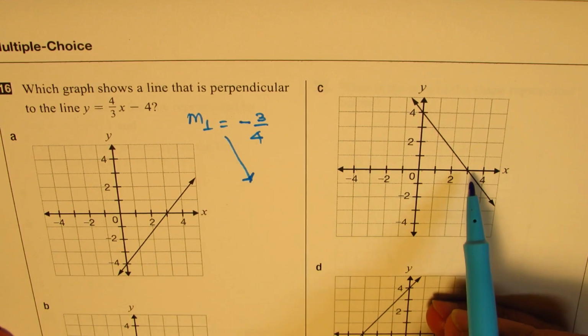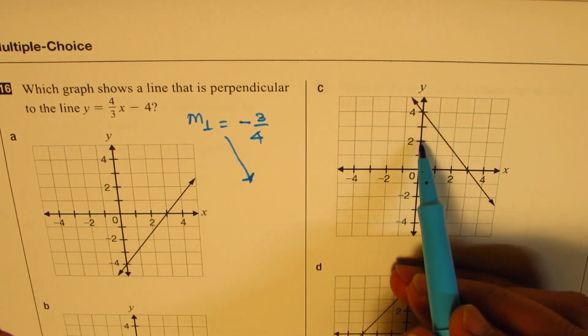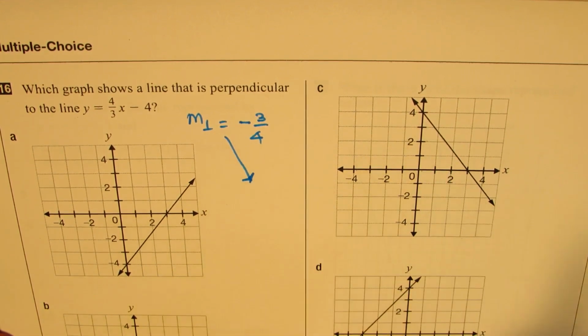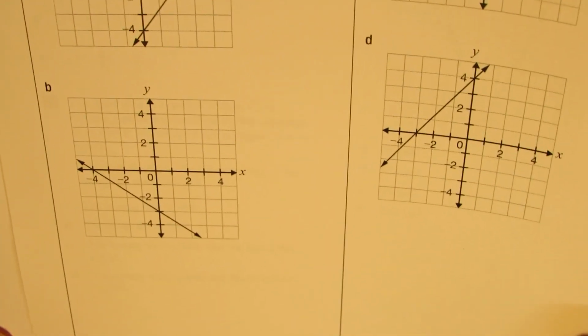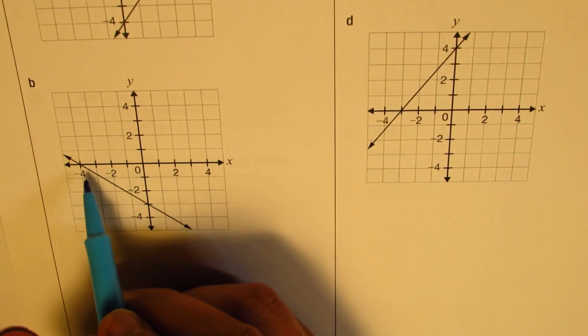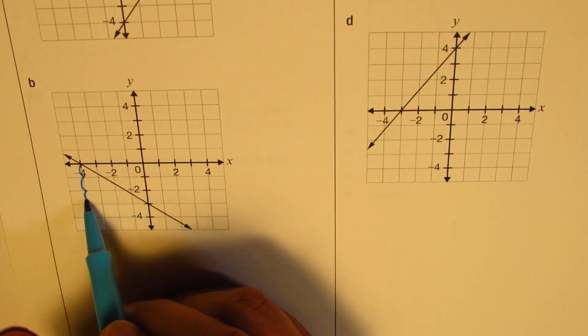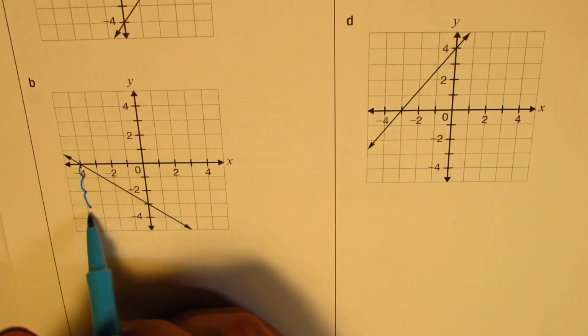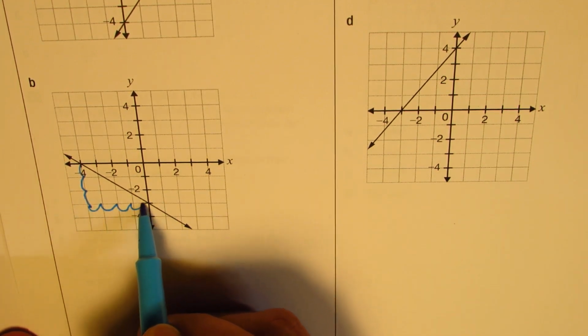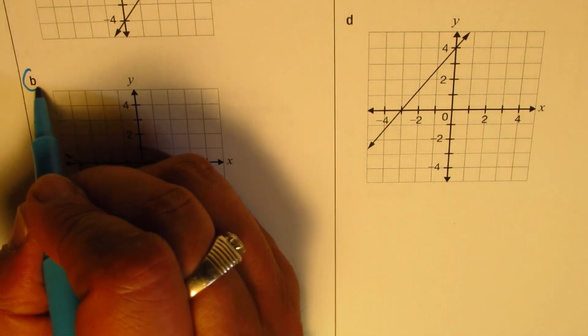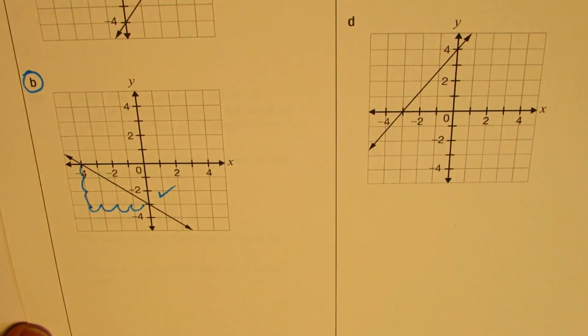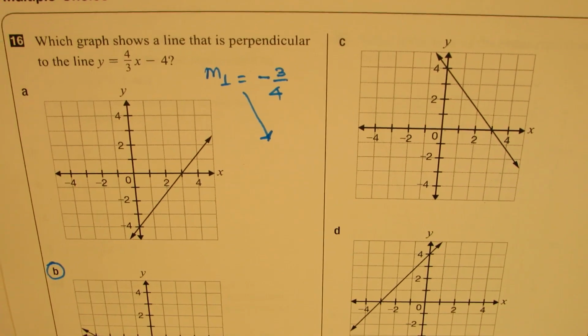This cannot be the case: 1, 2, 3, this goes 4 down, so that is not the case. But here we have the right solution. We are going down by 3, 1, 2, and 3, that's correct. And we are here 1, 2, 3, 4. So this is correct. So option B is the right option. Perfect. So that is how you're going to solve it.